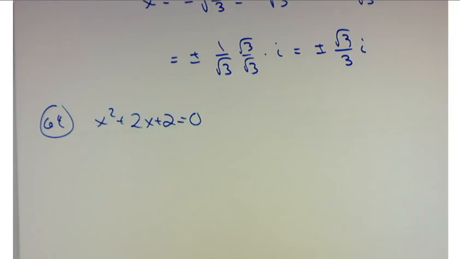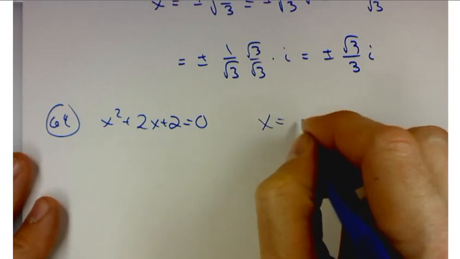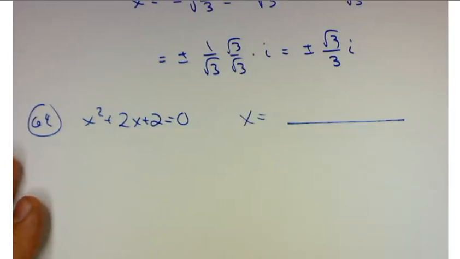So can you factor this? Are there two numbers that multiply to 2 and add to 2? No. So if you can't factor it, this doesn't look like a square root property one. What other alternative do we have? Quadratic formula, good.